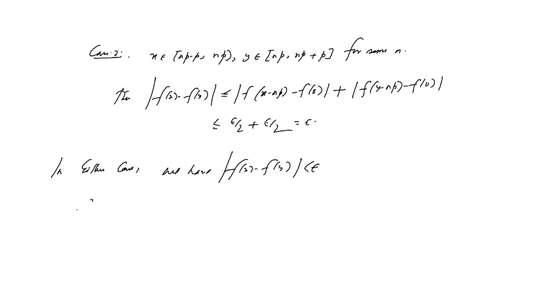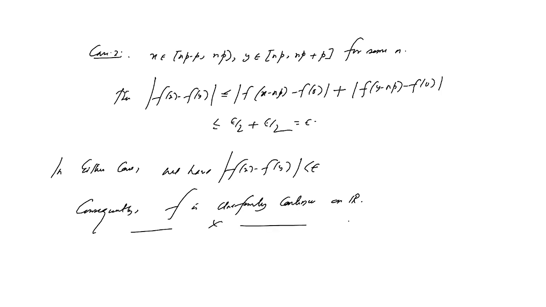And consequently, we can write f is uniformly continuous on R. So this is a very, very important question. If a function is continuous and periodic, then we can prove that f is bounded and uniformly continuous and it attains its bound. So this result is very, very important.